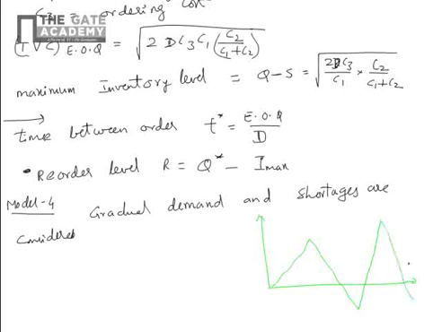Here P is the actual production rate, P minus C, C is the consumption rate, S is shortages, this is order quantity.